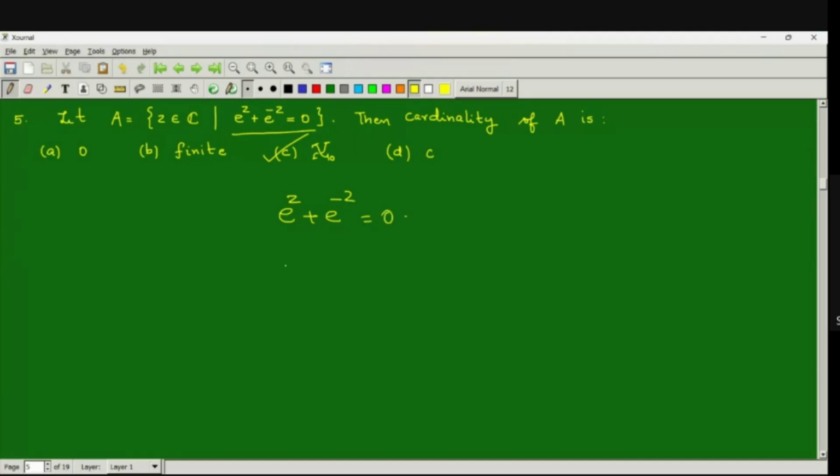We will multiply by e power z. e power 2z is minus 1. So minus 1 means what? Here, right? It is 1 times e power i pi.